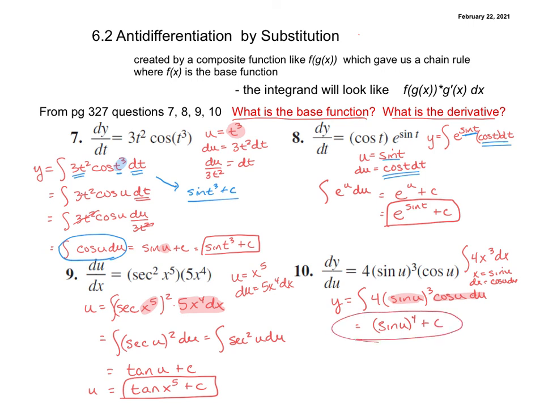And so that's number 10. And again, I didn't really go ahead and say that was x to the 4th and then substitute it in. You just need to be able to look at this and say, hey, look, I've got something like 4x cubed dx. My x is the sine of u, and my dx is the cosine of u du.